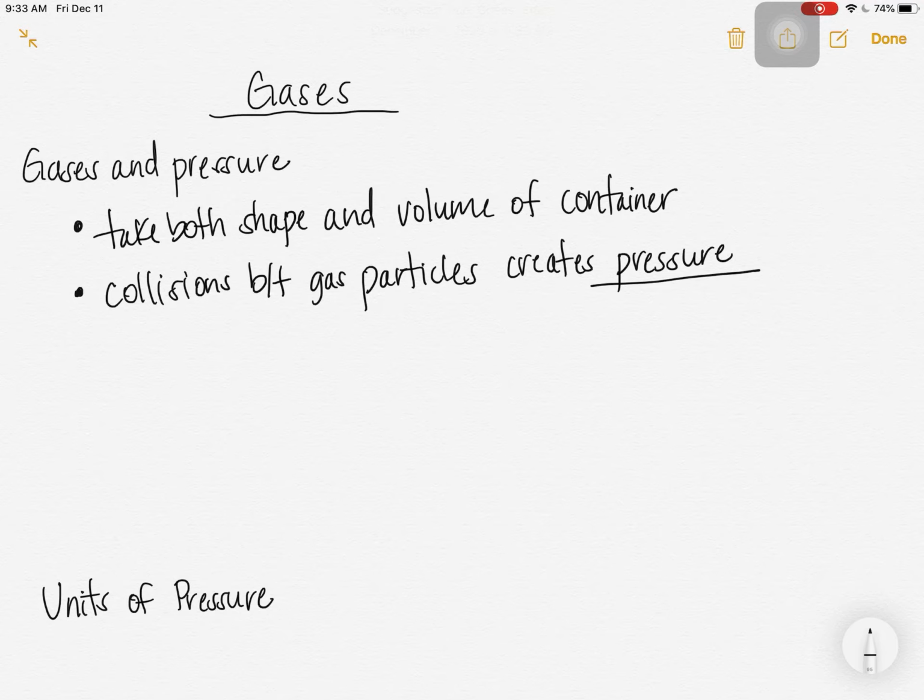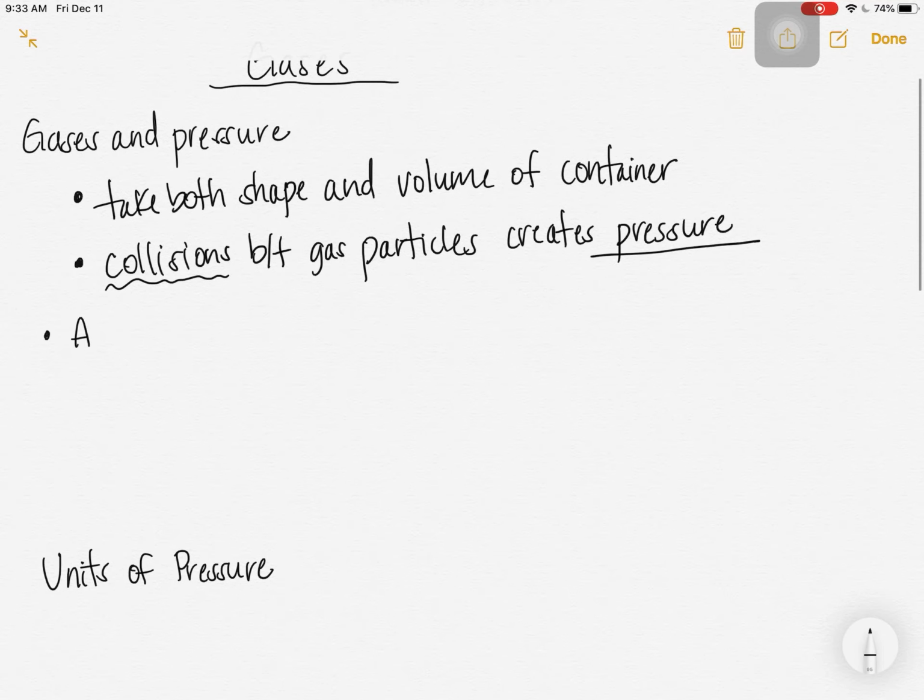We talk about pressure with gases all of the time, and the reason we have pressure is because of the collisions between molecules. So we're going to be tying a lot of things back to the collisions happening. It's going to be a big deal for us in this chapter.